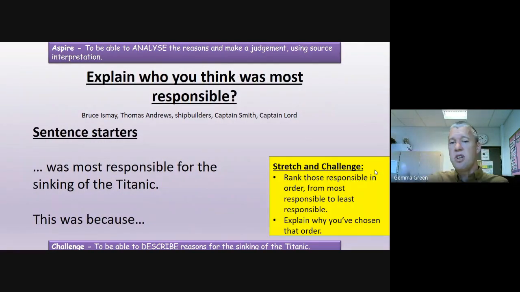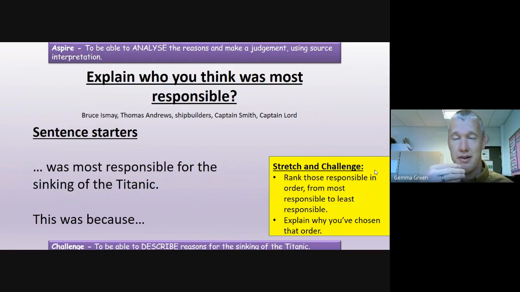And then you would put number 2, maybe shipbuilders, 3, Captain Smith, etc. Whatever order you think. And I would just like you to give a brief explanation as to why you've chosen that order. Why have you put Thomas Andrews as your most responsible and shipbuilders as the least responsible? Why have you done that? Just give me a brief explanation.